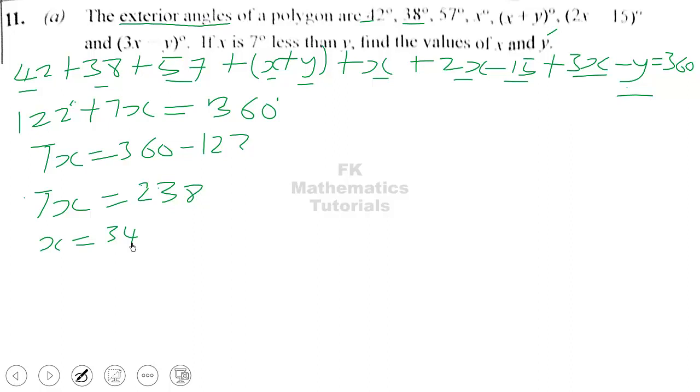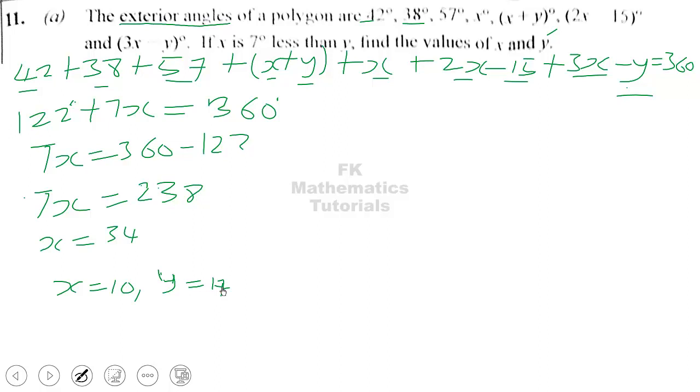So it means if x is 10 degrees, y will be equal to 17, because 10 is 7 less than y.